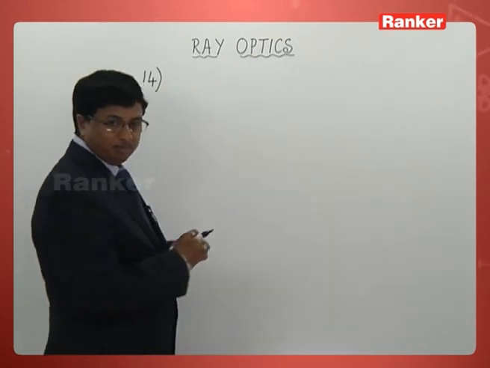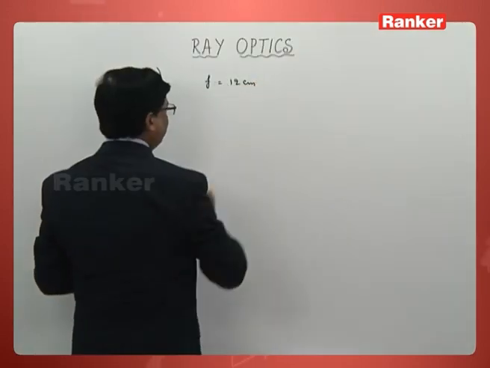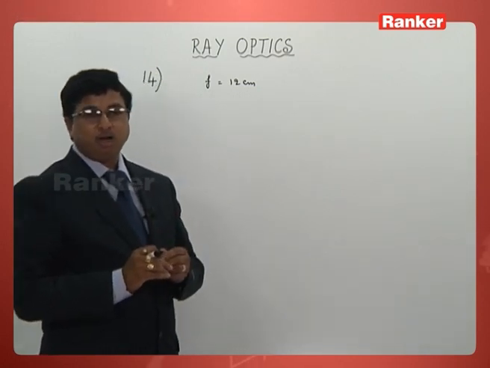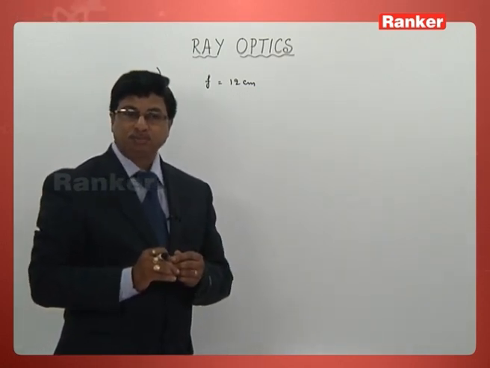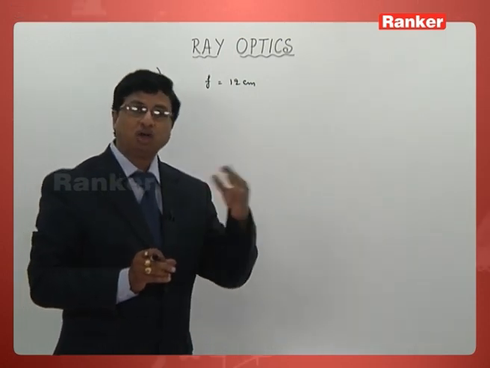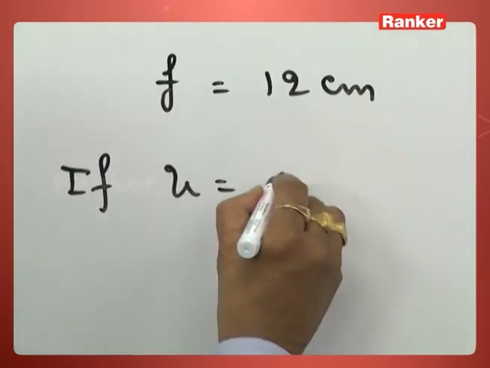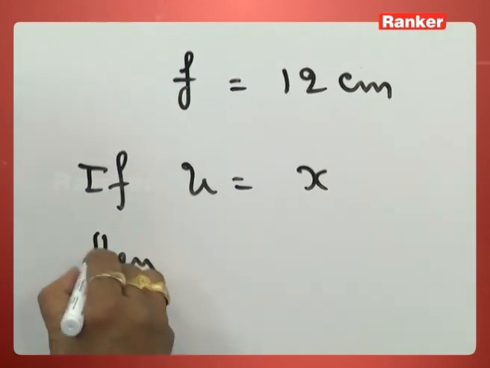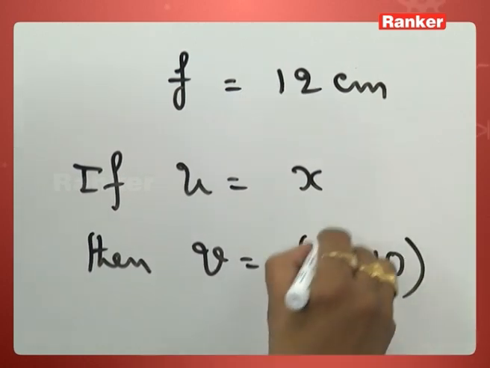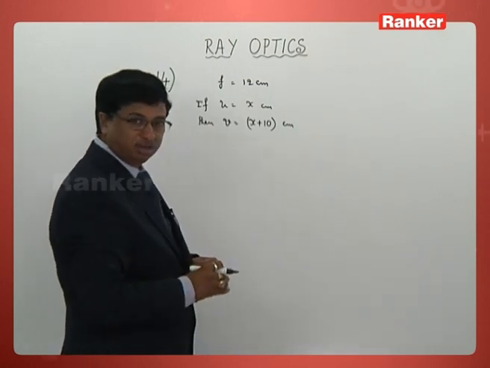According to the given data, focal length is given 12 centimeter. And what is the relation he is giving us? The image is formed at a point which is 10 centimeter more distant from the mirror than the object. Suppose I consider object distance as x, then the image distance should be x plus 10, in centimeter.